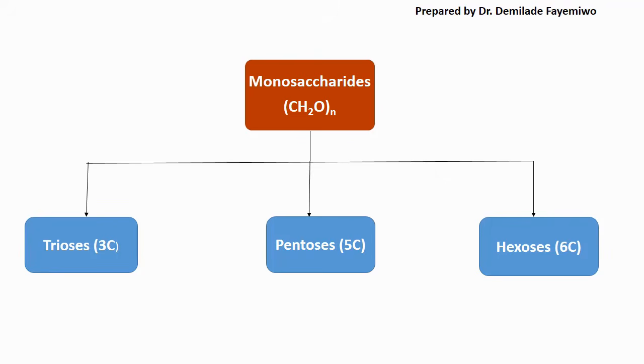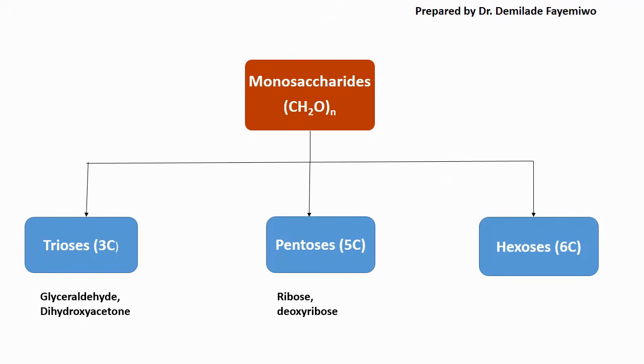In this case, you will mostly be dealing with hexoses, but when we go along, you will find that we encounter some pentose sugars, especially when we are discussing things like the DNA, and you will see that we encounter triose sugars when we discuss respiration. So examples of these, the triose, you have glyceraldehyde, hydroxyacetone. For pentoses, you have ribose and deoxyribose.